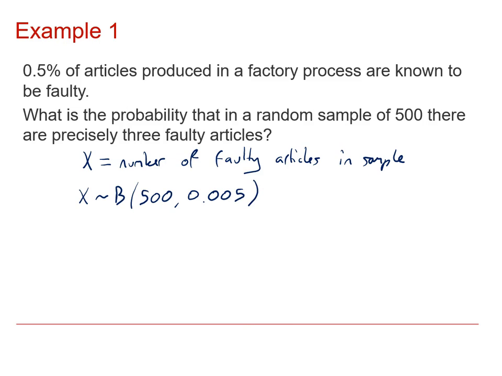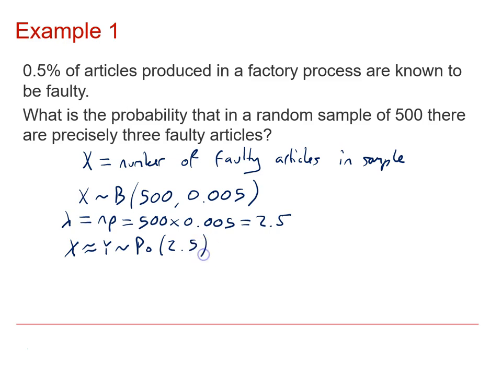Now, if we're doing this with a Poisson distribution, our lambda is going to be equal to np, which is 500 times 0.005, which is 2.5. So x is approximately equal to a new random variable y, which is distributed as a Poisson with 2.5.